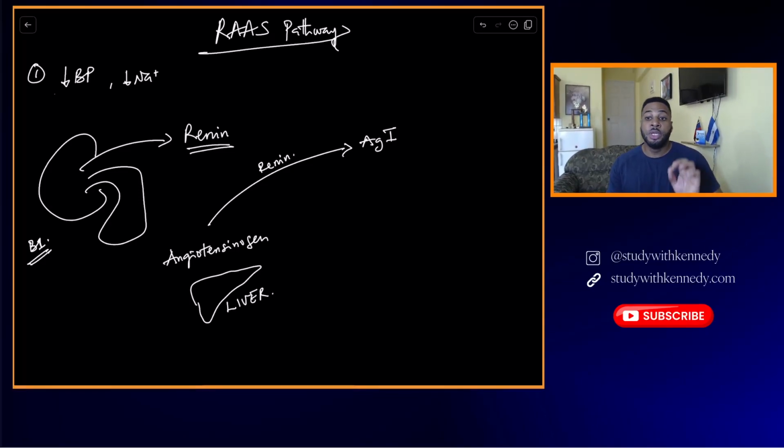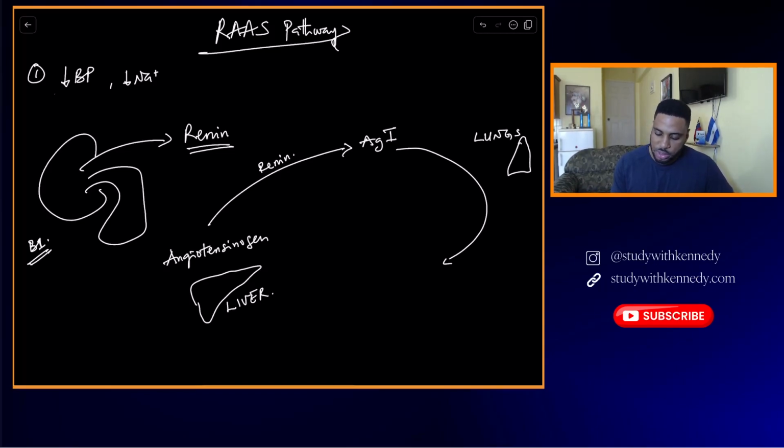It's a protein. Angiotensinogen is converted to angiotensin 1. Angiotensin 1 in the lungs, with the help of angiotensin converting enzyme, is going to be converted to angiotensin 2.